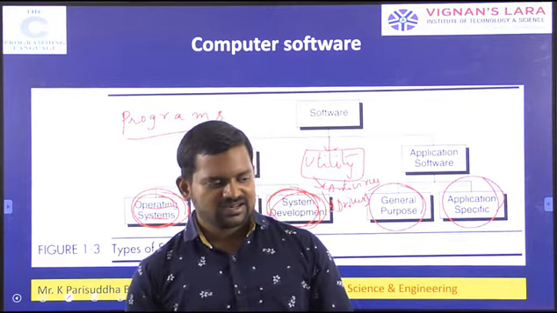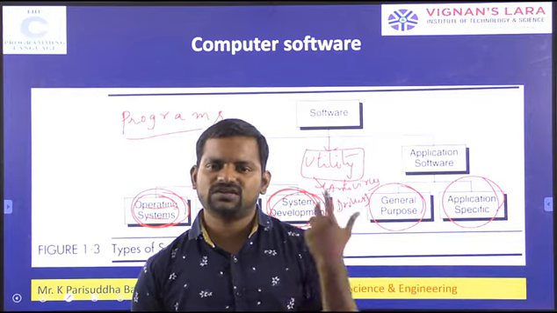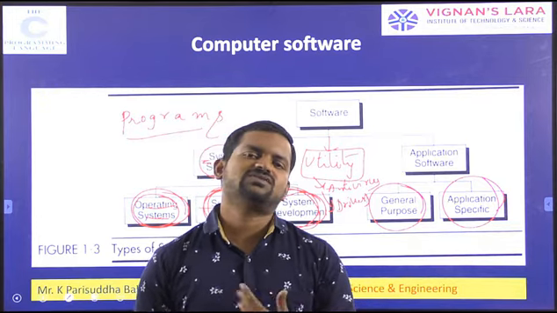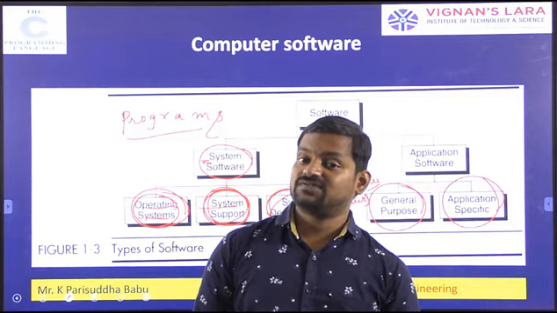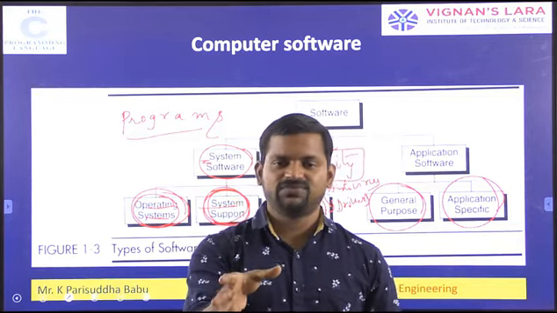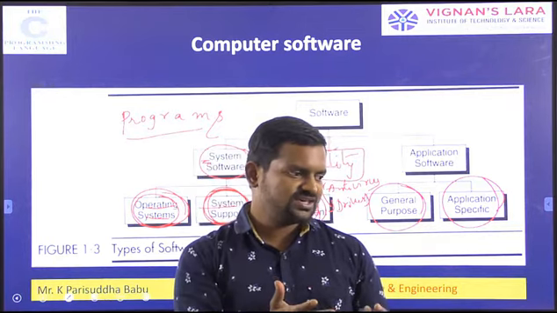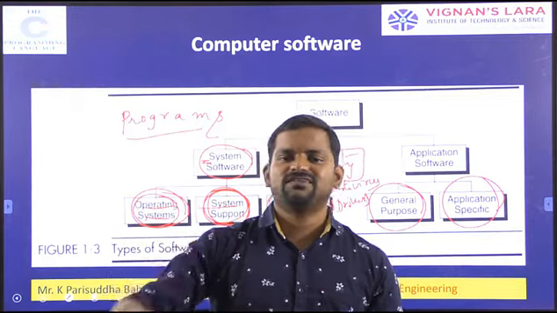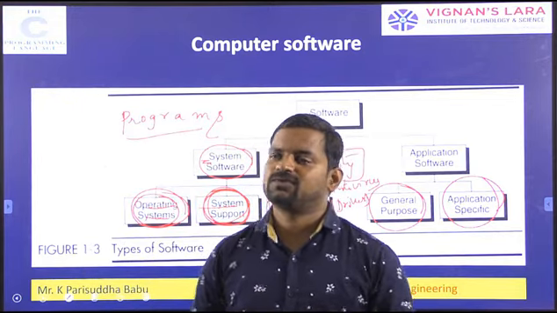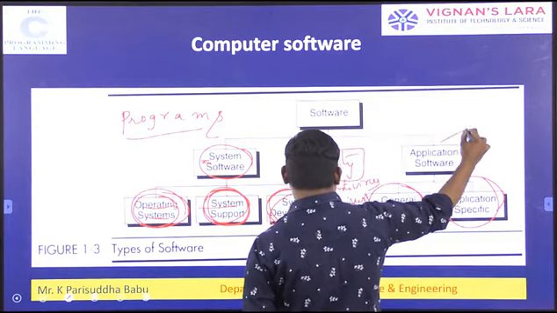Even if you run a game in your phone or any system, you use one software, that is application software. Application software is software which performs an application. Crores of applications are being developed, and all those are application software performing some operation.